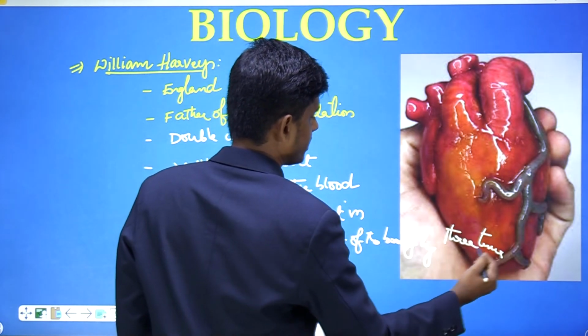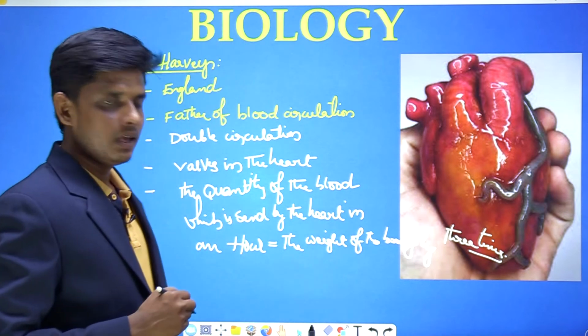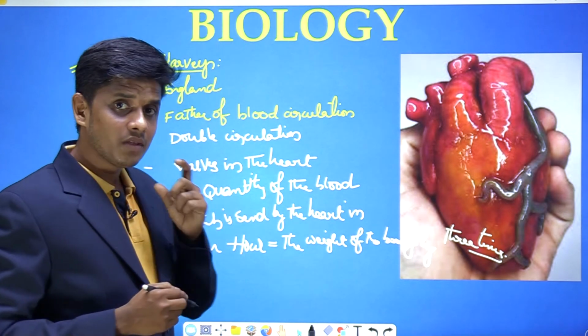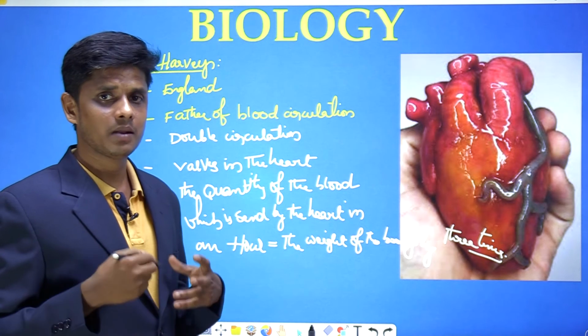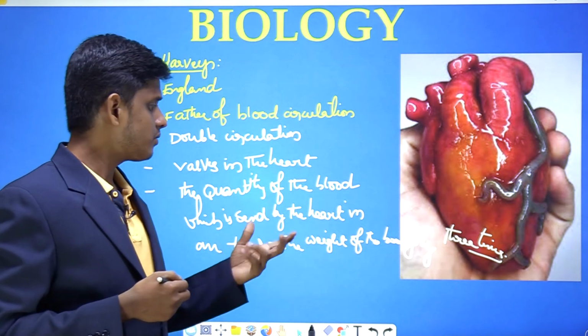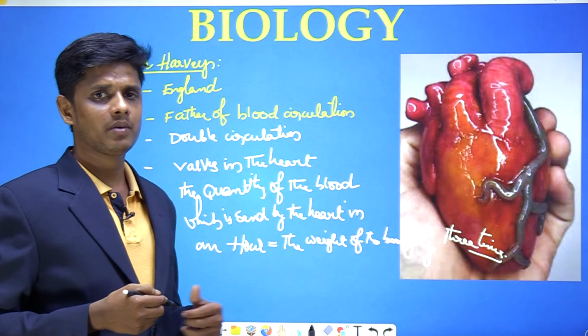This was discovered and explained by William Harvey. He explained that the quantity of the blood sent by the heart in an hour equals the weight of the body by 3 times.